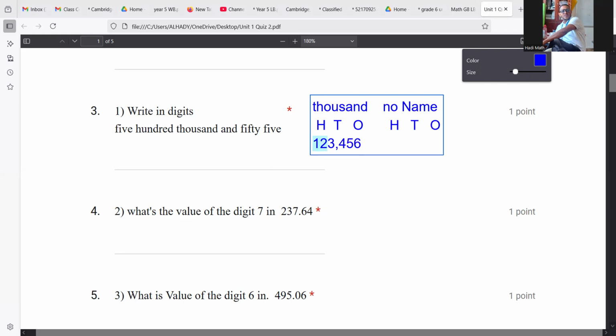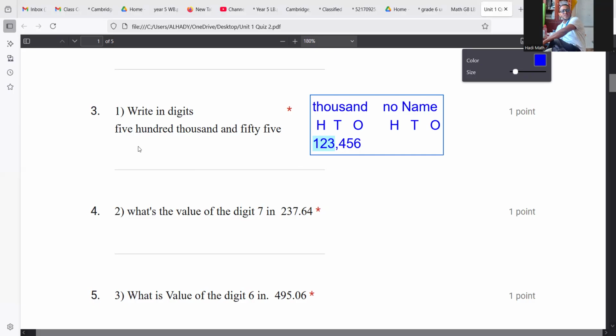Like this one, you say 123, then you say 1,000. And this one you say 456. I don't like to give it a name and say hundreds because I don't want someone to say 456 hundreds. No, you say 123,000 and 456.